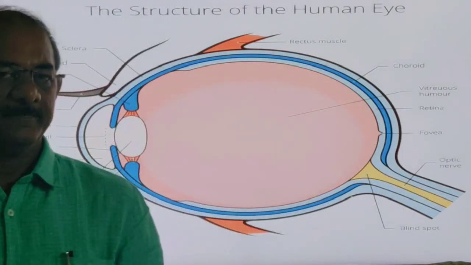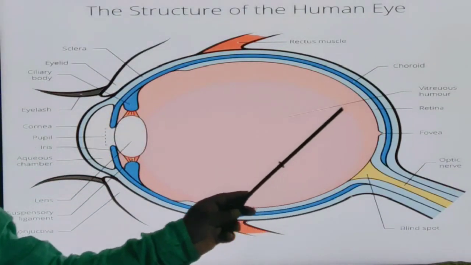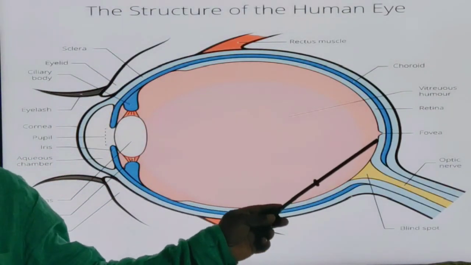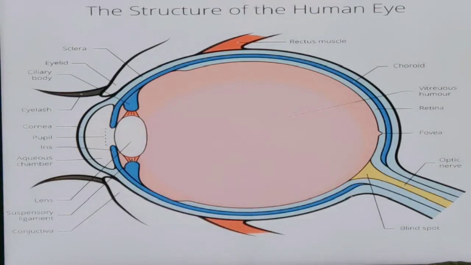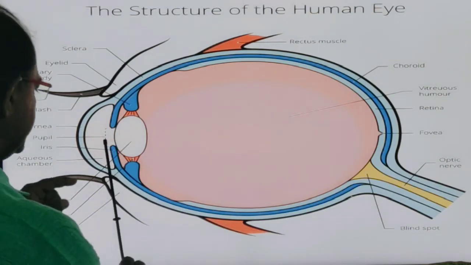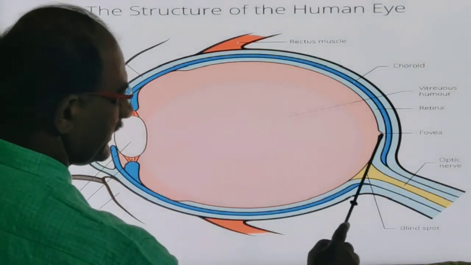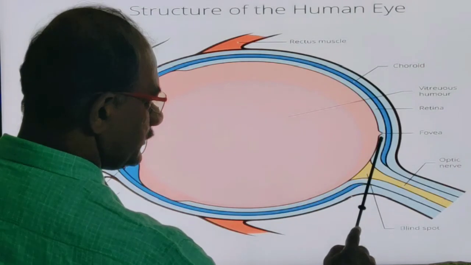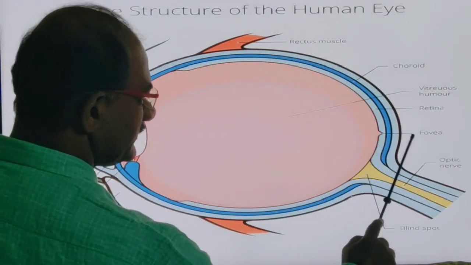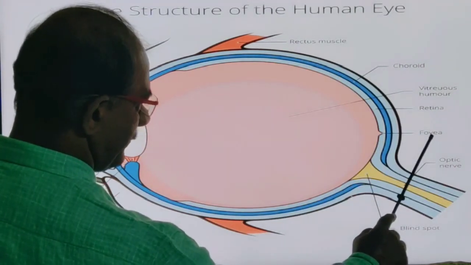Then the other one, the yellow spot, is also called the macula lutea. The yellow spot is exactly opposite the cornea. Where the cornea is present, exactly opposite, the yellow spot or fovea centralis is present.